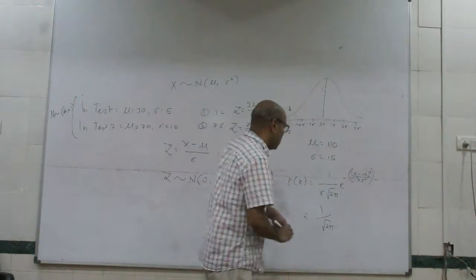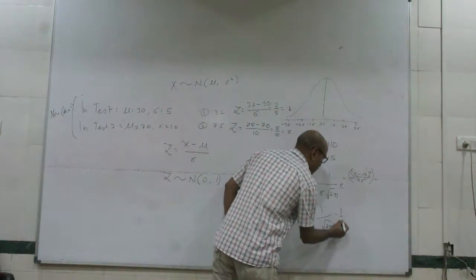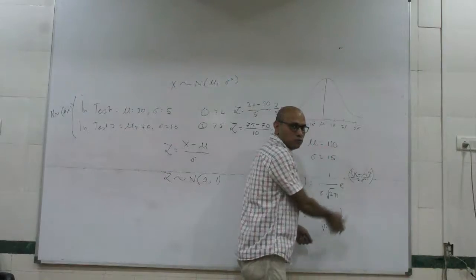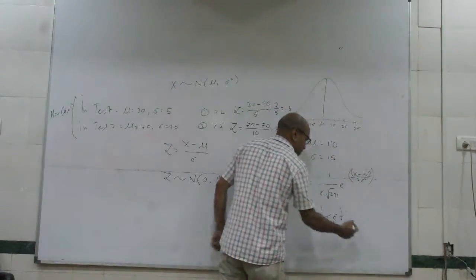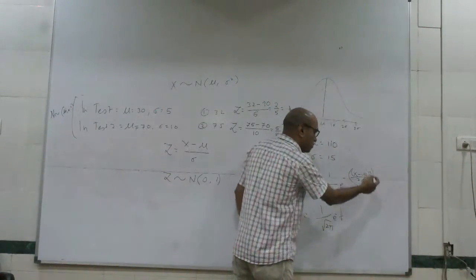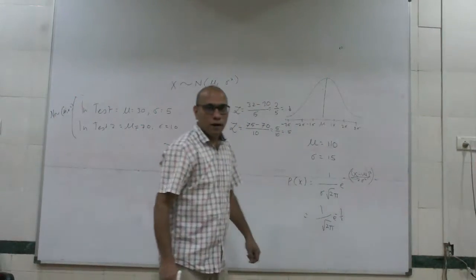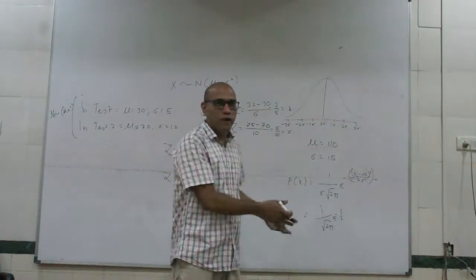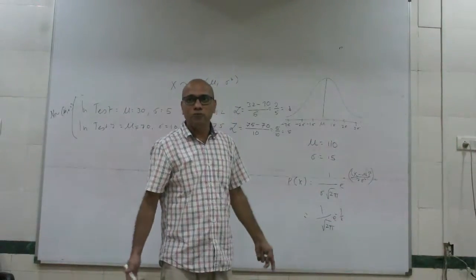Then negative 1/2, e raised to negative 1/2. 1/2 is this 2 I'm getting out, so it would be 1/2. And x minus mu, bracket, square, upon sigma, or this whole square, would be z square, right?